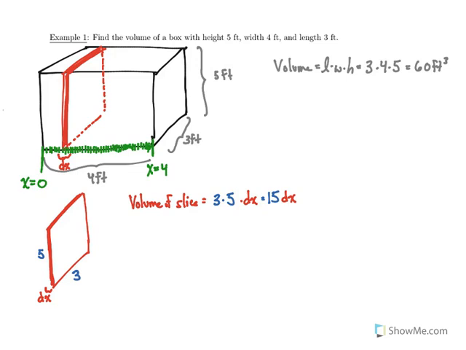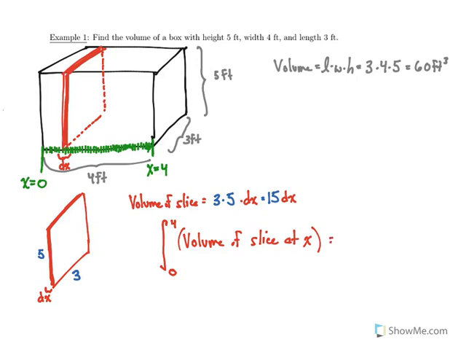So to do that, we are going to use an integral. The integral, we're going to have a slice for every x value in between 0 and 4. And we are going to have the volume of the slice at each x value.